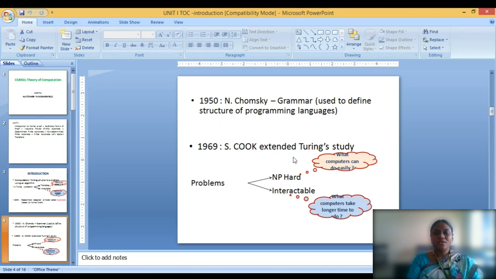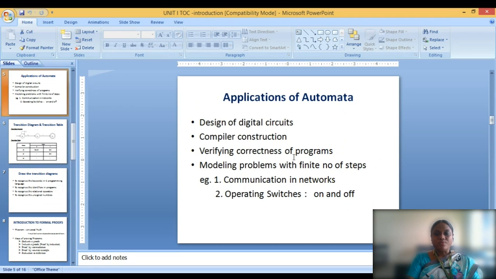The research was extended in 1969 when Cook extended Turing's study of the Turing machine. So problems can be divided into NP-hard and intractable problems also. NP-hard is what computers can easily do, and intractable is what computers take a longer time to do. That is called intractable problems.